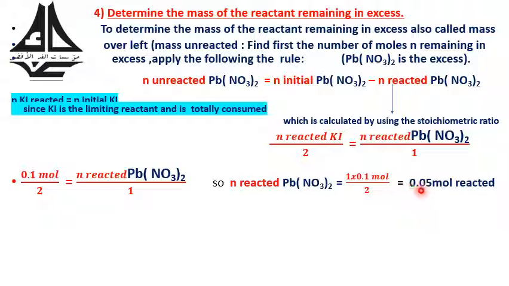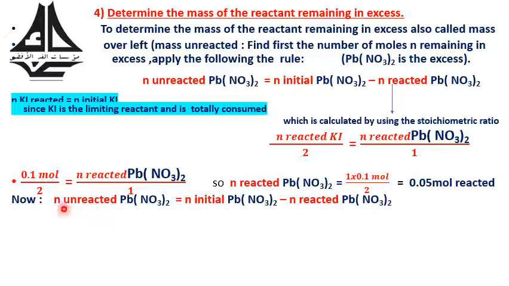It's equal to 0.05 mole of Pb(NO3)2, which have reacted, of course, by stoichiometry with the limiting reactant. And I will repeat, always the number of mole reacted of the limiting reactant is equal to the number of mole initially found of that limiting reactant. Because the limiting reactant is totally consumed.